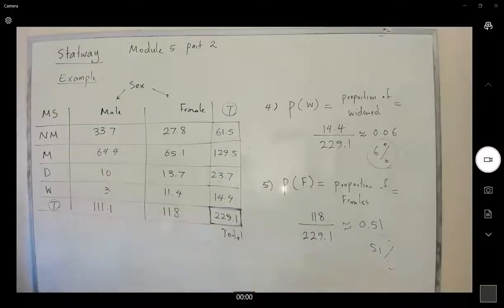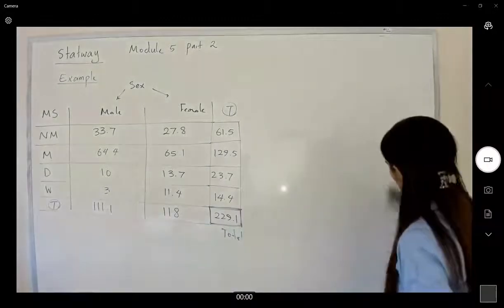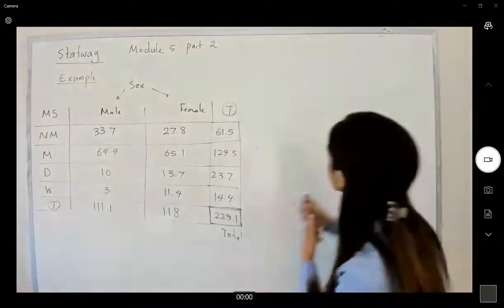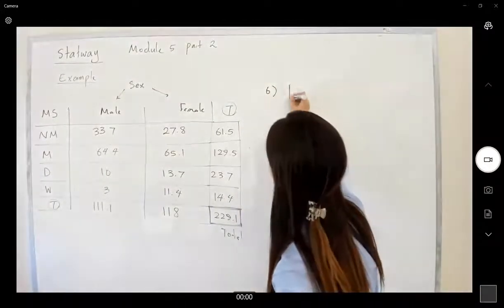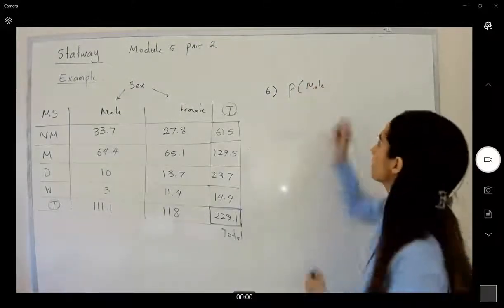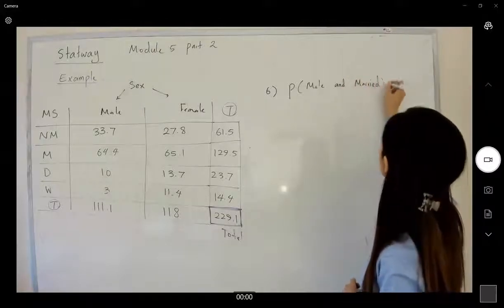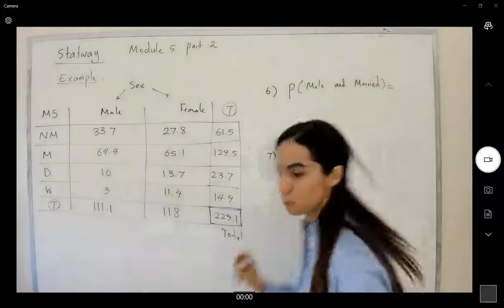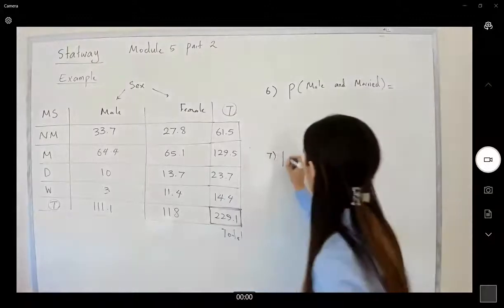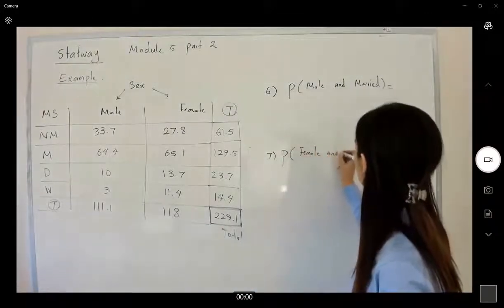So question 6 says, male and married, the probability that the randomly selected person is male and married. Question 7 says, female and married, what's the probability that you have a female and that female is married?